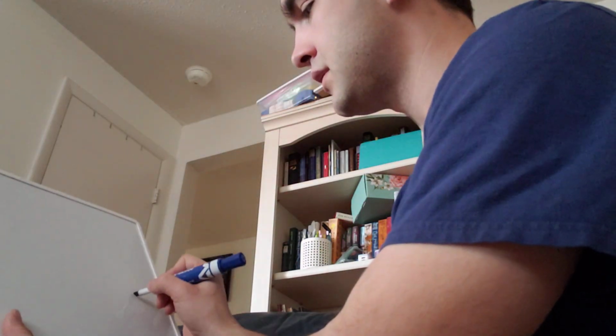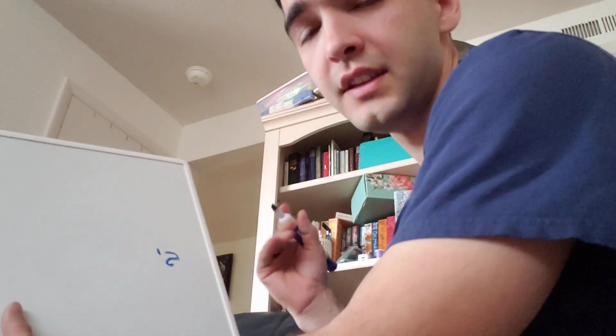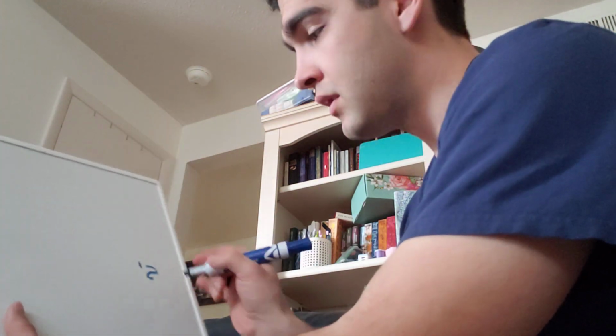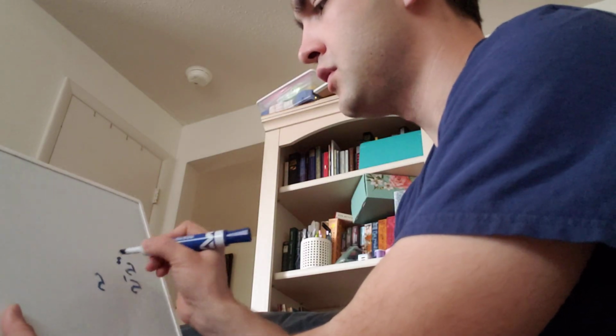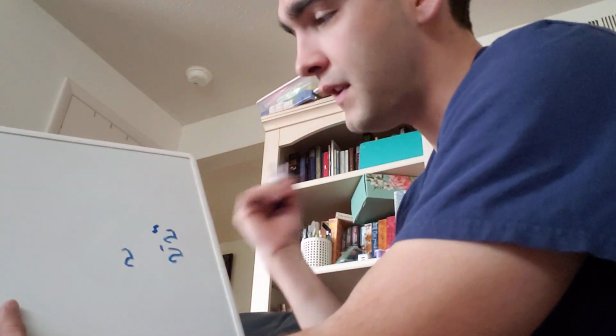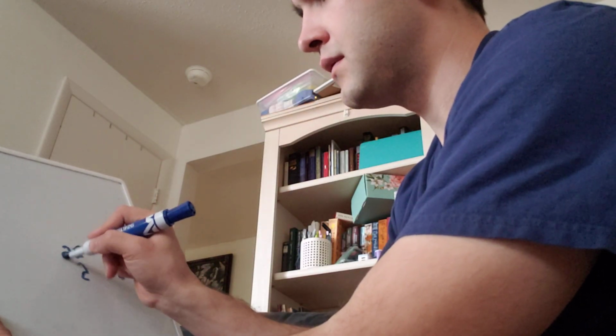So, the way I like to do this is we start here, 5 to the 1. That's just 5. Then 5 to the 2 is 5 times 5, so 25.